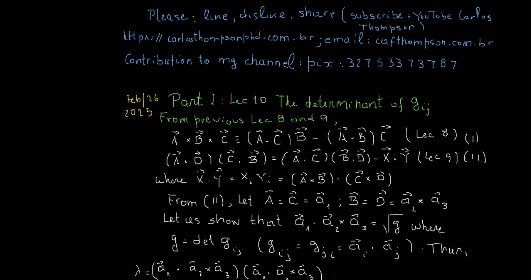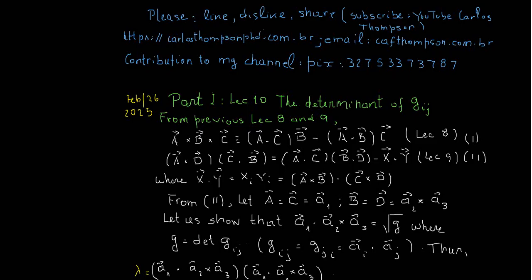From the previous lectures 8 and 9, I arrived in detail at what I call relation 1 and relation 2. Now, x dot y, where x is the cross product between A and B, and y is the cross product between C and D.